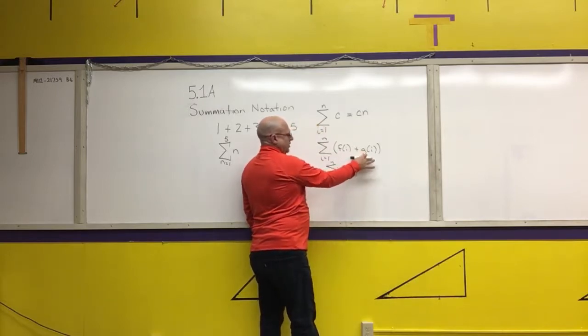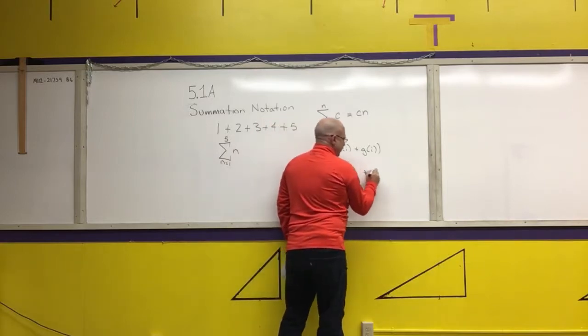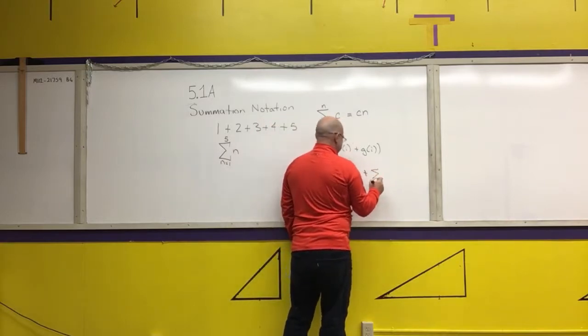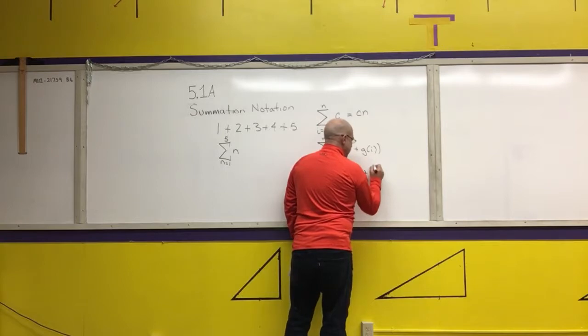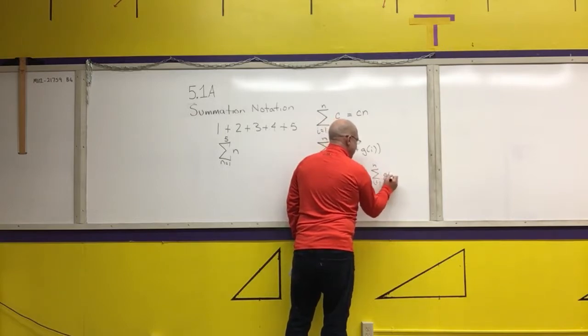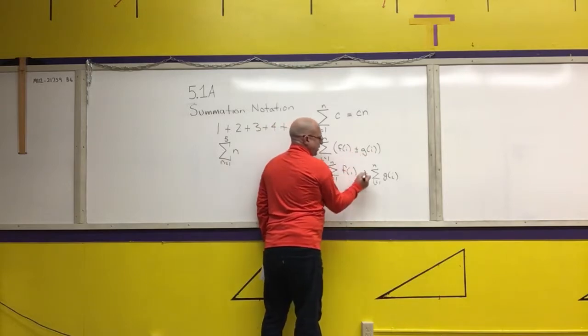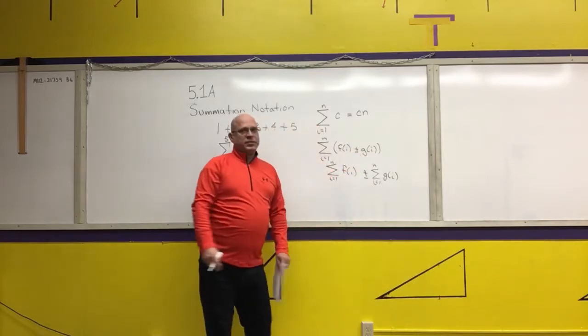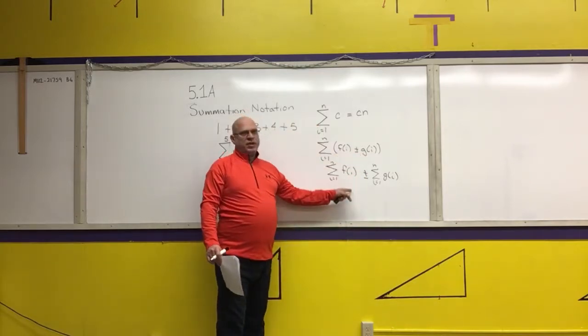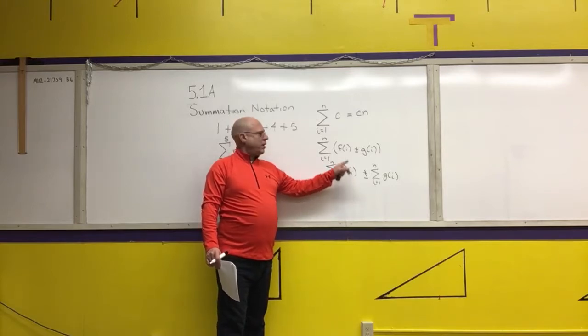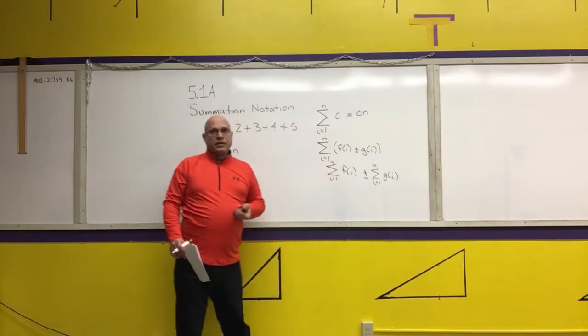The sigma of a sum is actually going to be the sum of the sigmas. Similarly, I can do the same thing for differences. And where this is going to come into play is it's going to help us break apart polynomial functions.